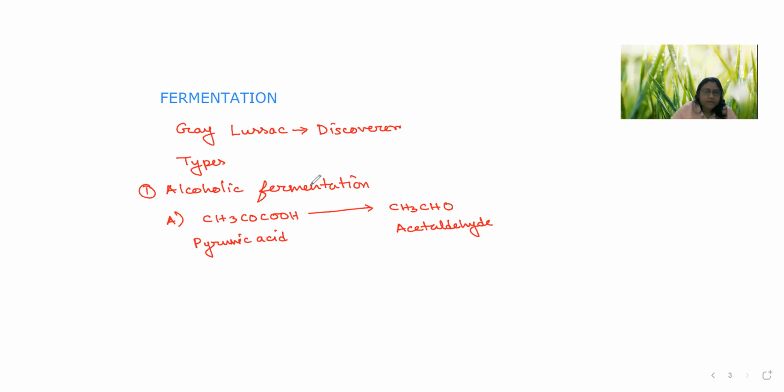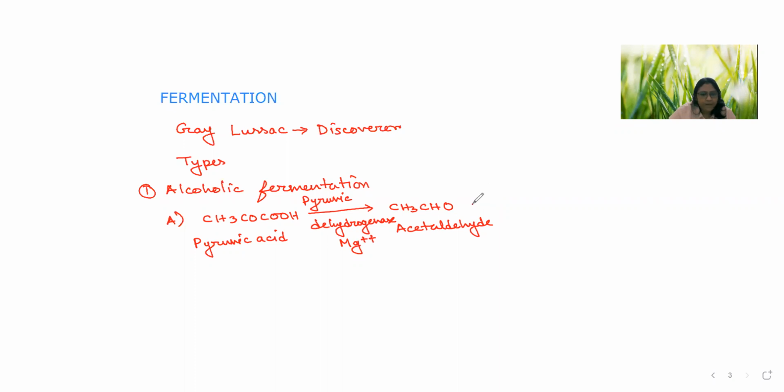Pyruvic dehydrogenase is the enzyme which, in presence of magnesium as a catalyst, is responsible to convert pyruvic acid into acetaldehyde.